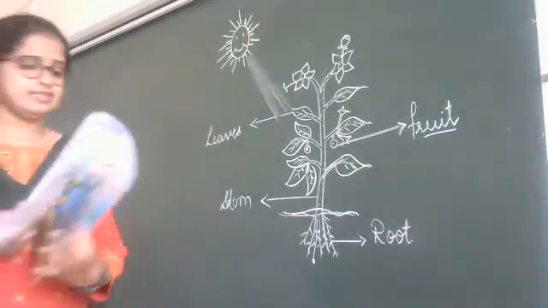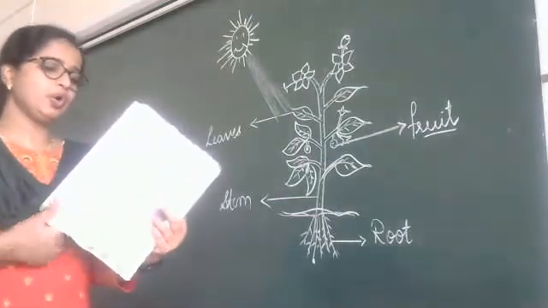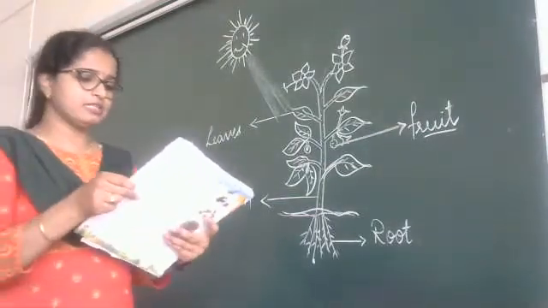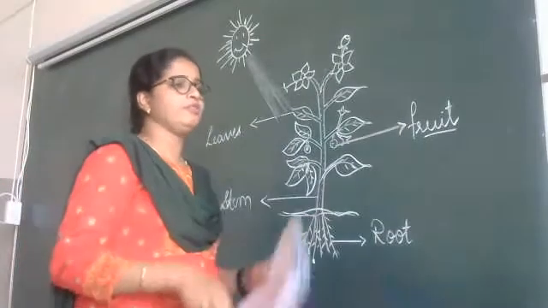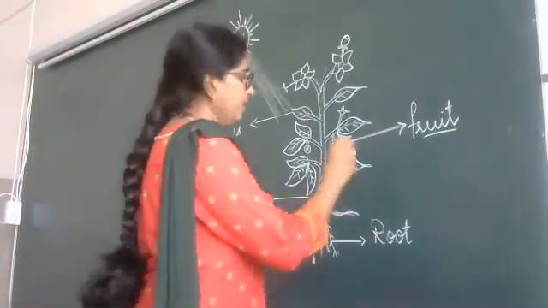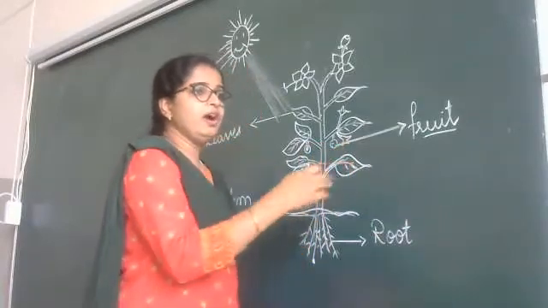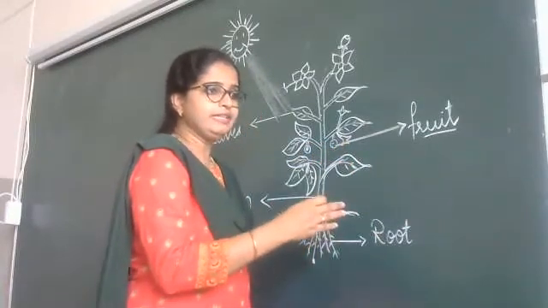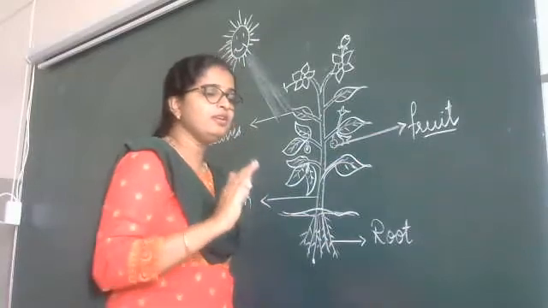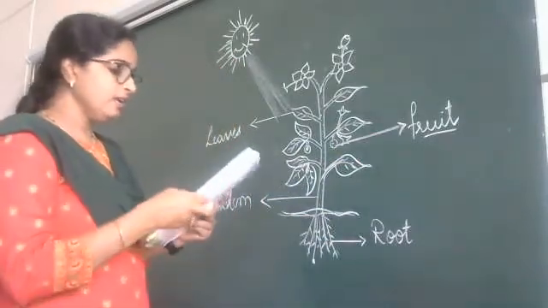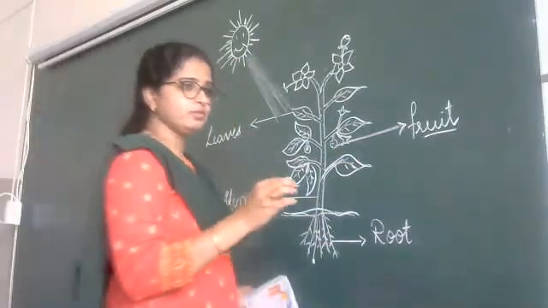A fruit contains seeds. A seed can grow into a new plant when it gets the right amount of water, air, and warmth. A seed can grow into another plant when it gets proper water, sunlight, air and warmth.